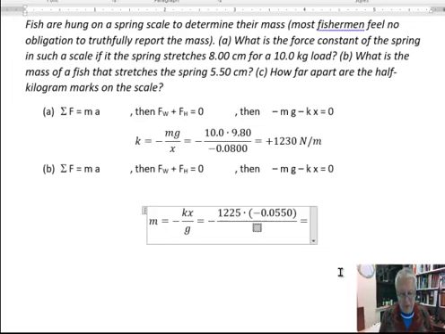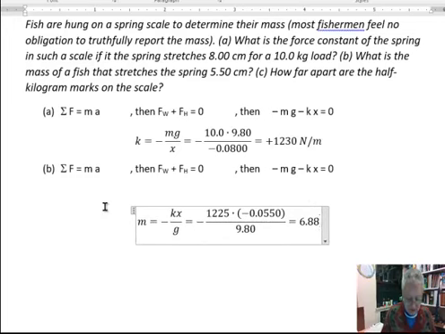Again, it's a negative because the spring stretches downward, and then divide by the 9.80, and when you do that, I come up with 6.875, or 6.88 rounded, which itself is an overkill.